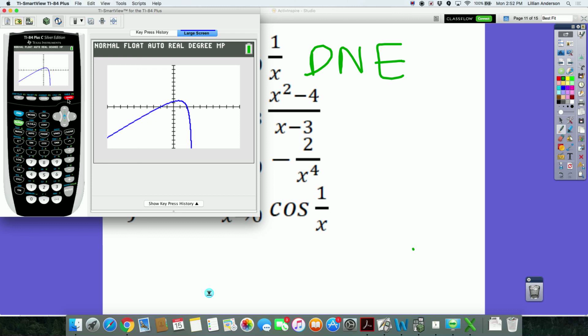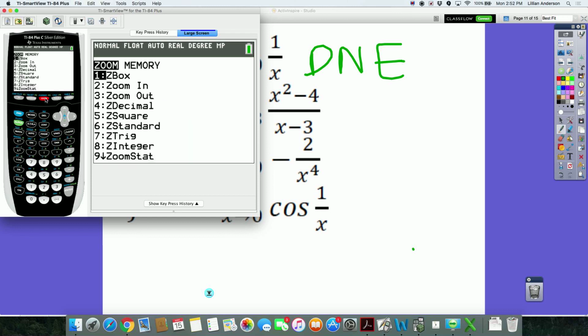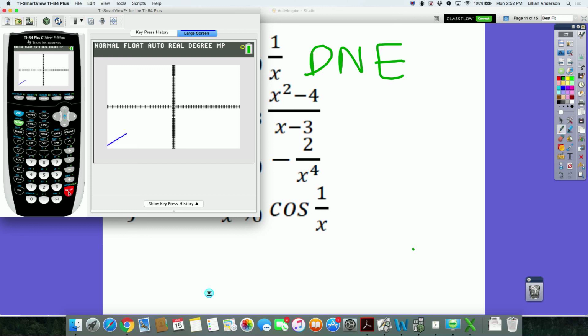Okay, I can't even see the other half of the graph. I'm almost certain that I have to have a right-hand side. I could zoom out if I wanted to. Okay, I can see it now. As x approaches 3 from the left-hand side, what's happening?